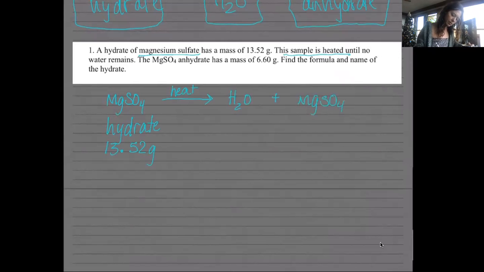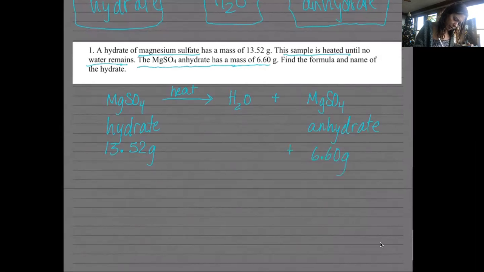It is heated until no water remains, the water has exited the system. The magnesium sulfate anhydrate has a mass of 6.60 grams.